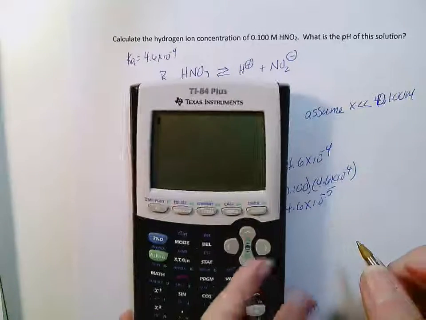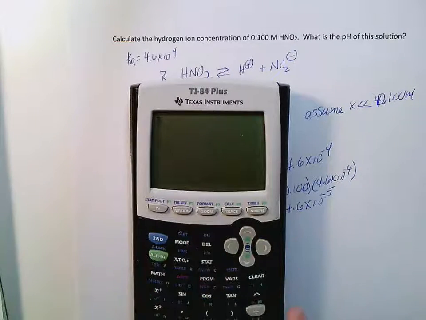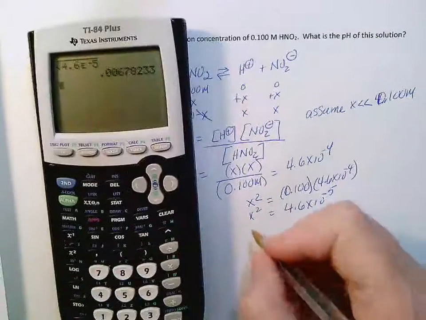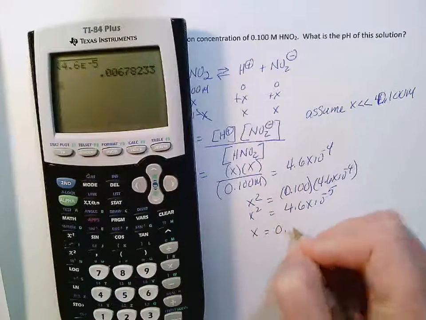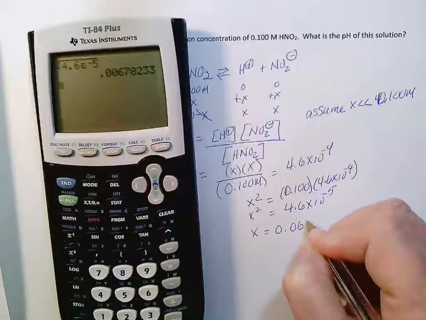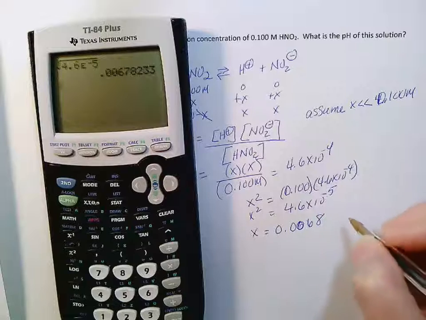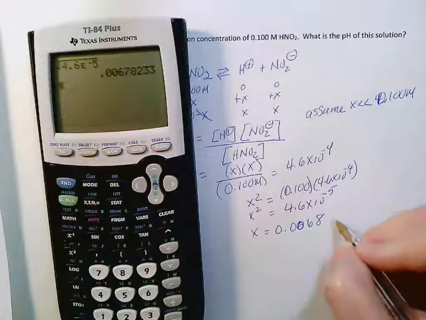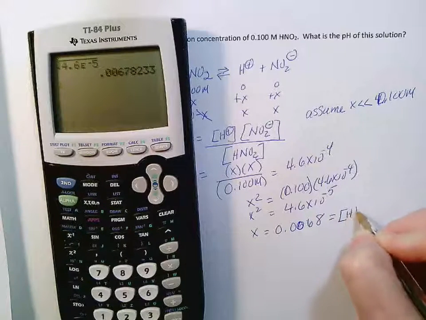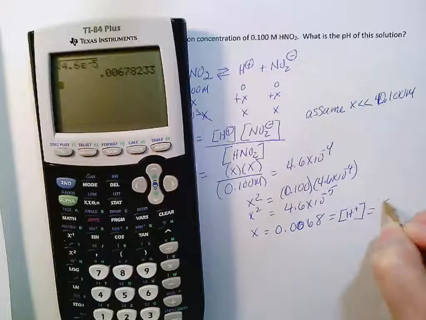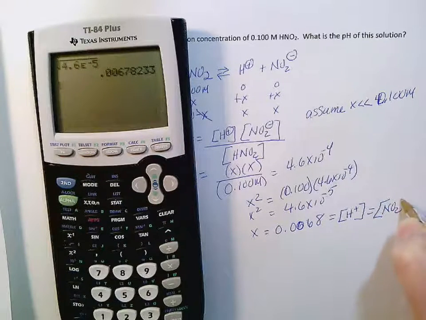And so I'm going to put in my calculator second square root, 4.6 second EE negative 5 equals, and I get for X that it's 0.0068. So that would be my hydrogen ion concentration, and it would also be my NO2 minus ion concentration.